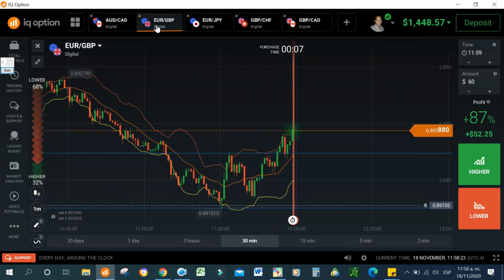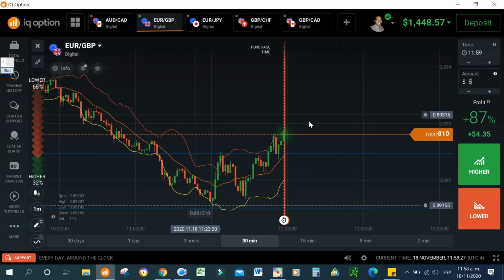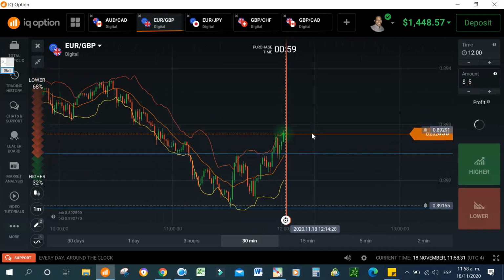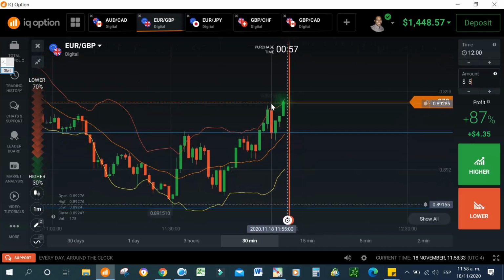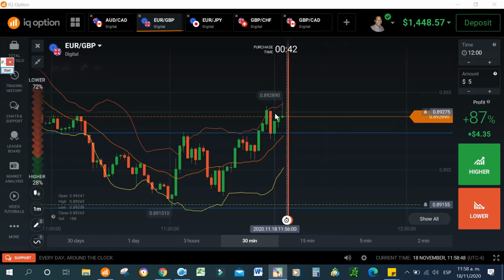Alright, so let's see if we can get another opportunity. Yes, I think we can get another opportunity here. We just need to wait until this candlestick closes, because we have a resistance level here. Let's wait to see if this candlestick closes above or below.